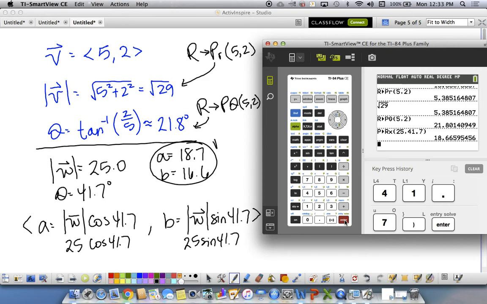So that's my P, arrow, R, X. I put in my magnitude, then my direction, and it gives me the X value. If I go back to number 8 and put in my magnitude, comma, direction, it's going to give me my Y.